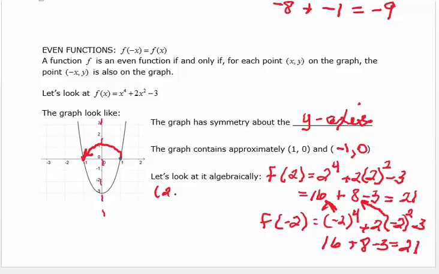So we have the point 2, 21, and the opposite of 2, and the same 21. And finally, again, if we look at the equation or the function, we see that the exponents are all even on the variable.